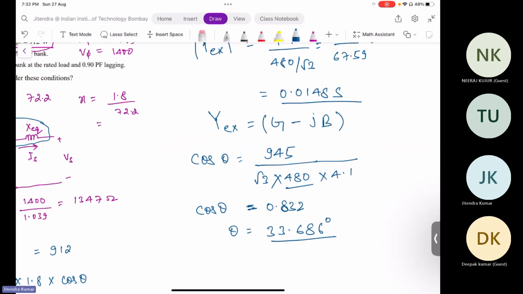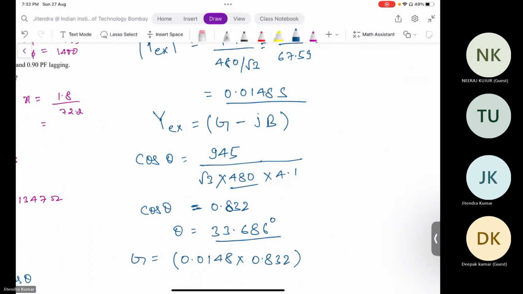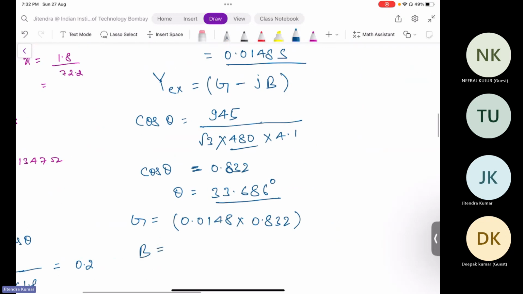Now the real part G will be 0.0148 into 0.832, and B will be equal to 0.0148 into sine 33.6.